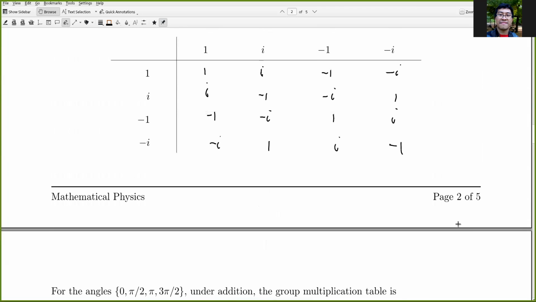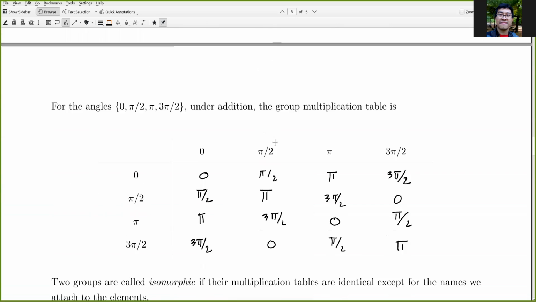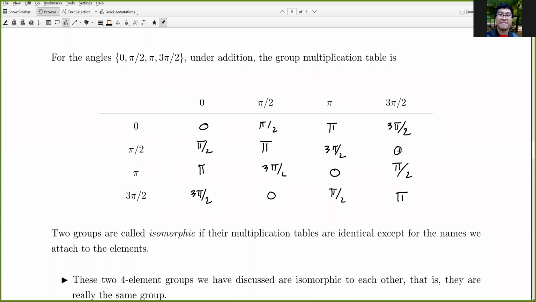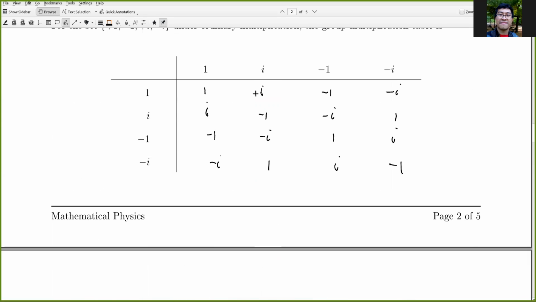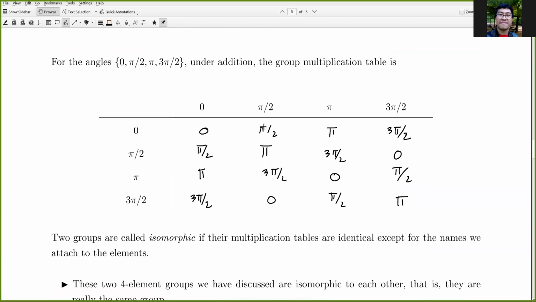So if you compare this with this table, take note that the ones are here: 1, 1, 1, 1. Similarly here you have 0, 0, 0, 0. For I, you have I here and I here. Same position for pi over 2, pi over 2, pi over 2, pi over 2.